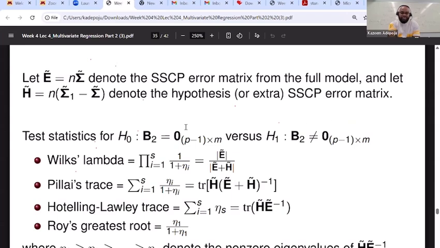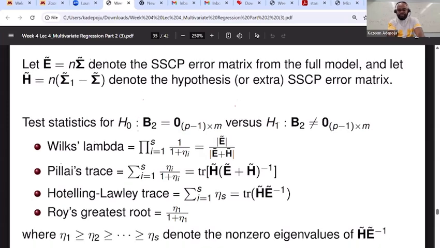Don't forget, a reduced model is a model with fewer explanatory variables, and the full model is the one with more. These are the possible test statistics that can be used, and E and H are computed from the covariance structure.